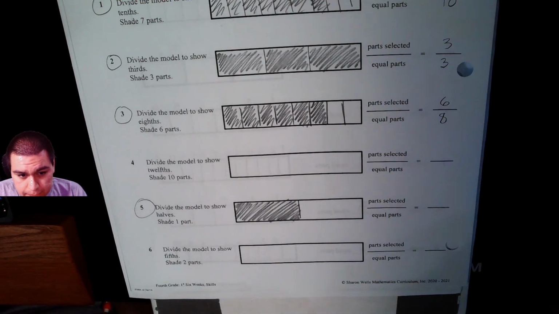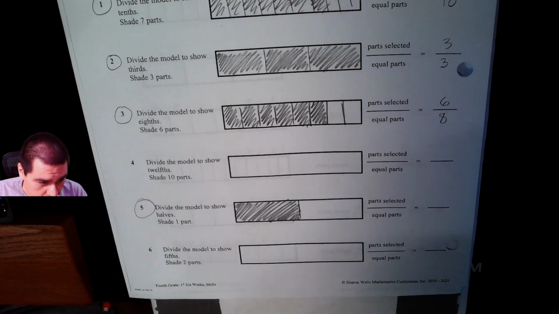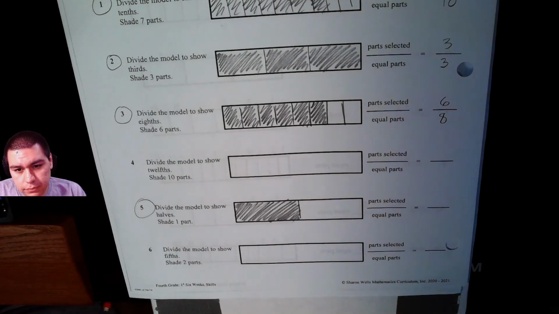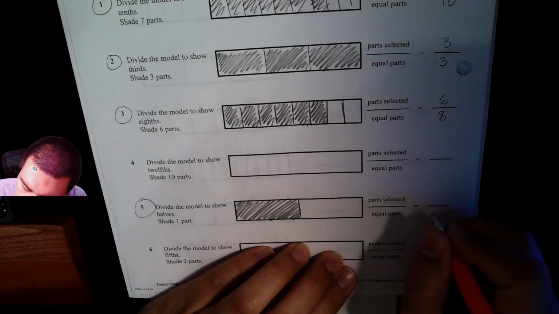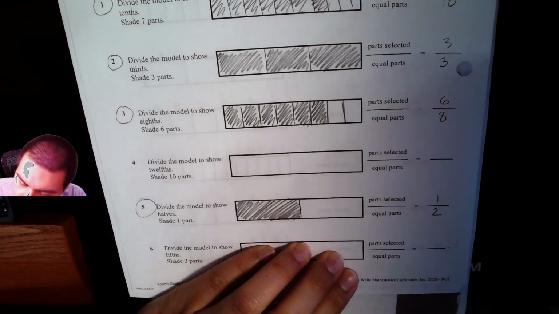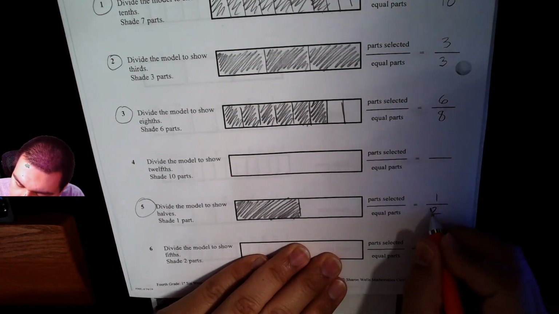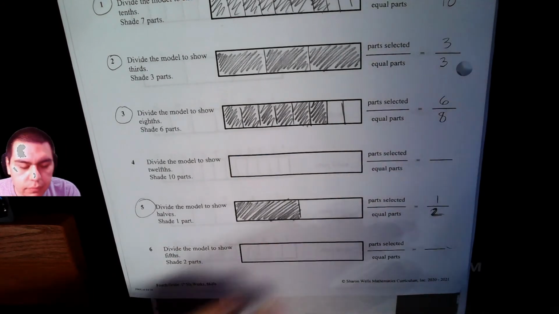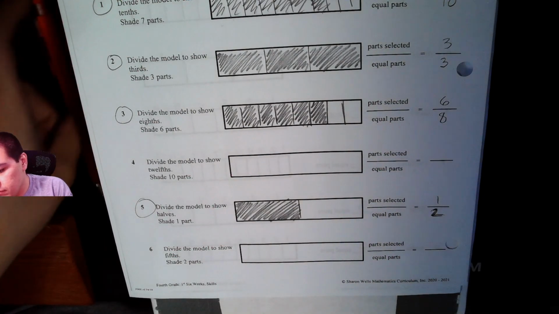Jada? What fraction would this match, Jada? 1 out of 2. 1 out of 2, perfect. The 1 part that we shaded, and there are 2 parts of my rectangle. All right, very good job, guys.